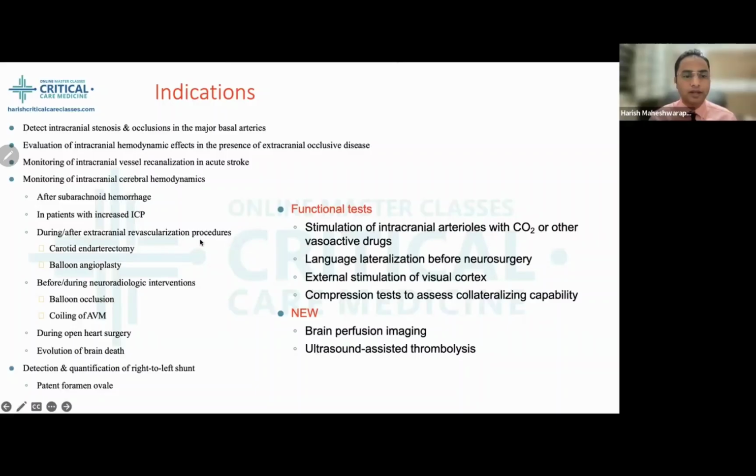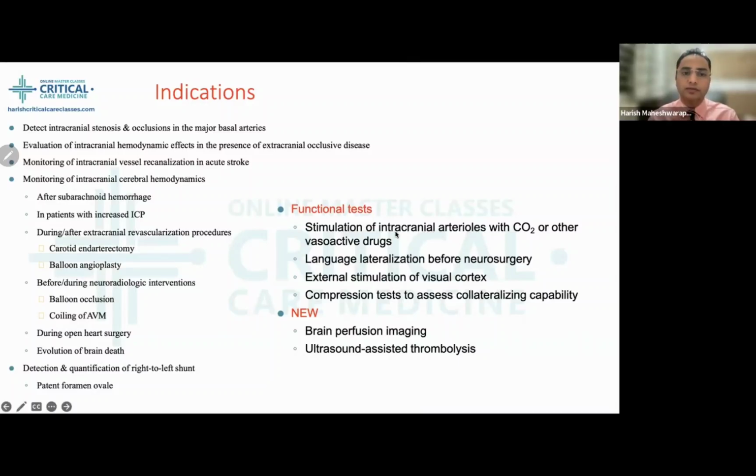Also during or after extracranial revascularization procedures like carotid endarterectomy and balloon angioplasty, before or during neuroradiologic intervention like balloon occlusion and coiling of AV malformation, during open heart surgery, evaluation of brain death, and detection and quantification of right to left shunt, particularly in case of patent foramen ovale.